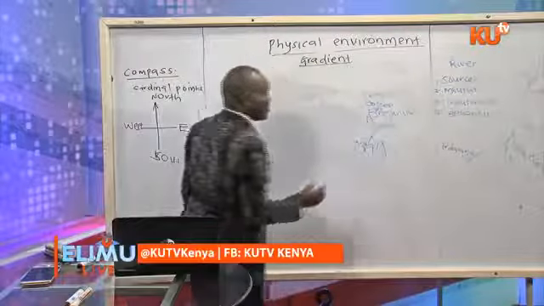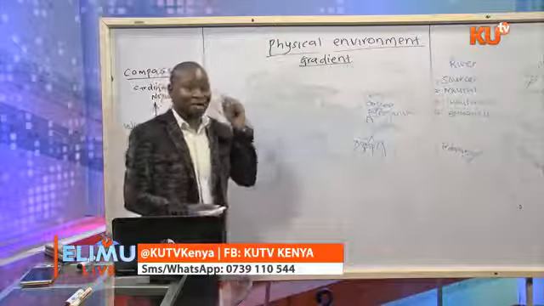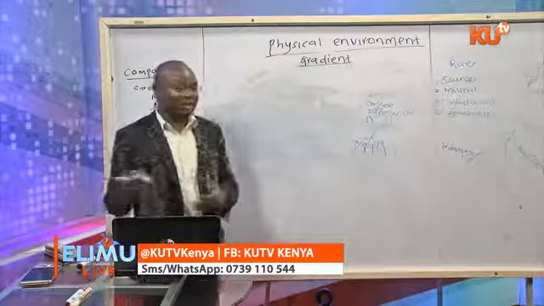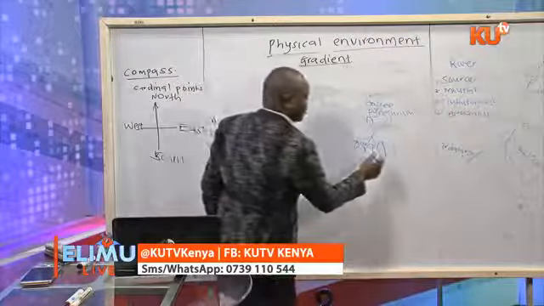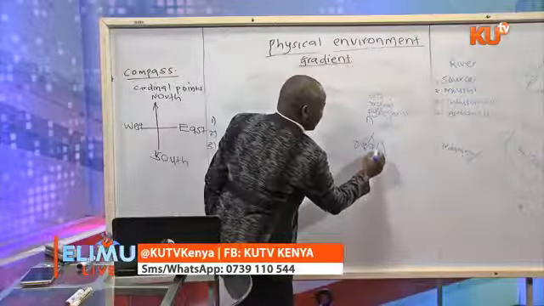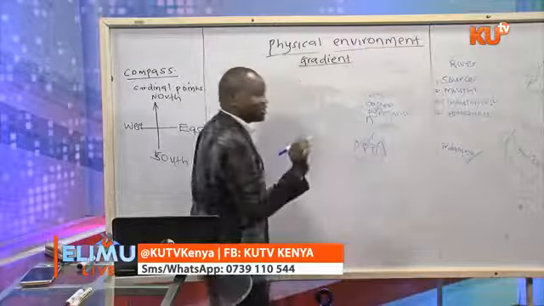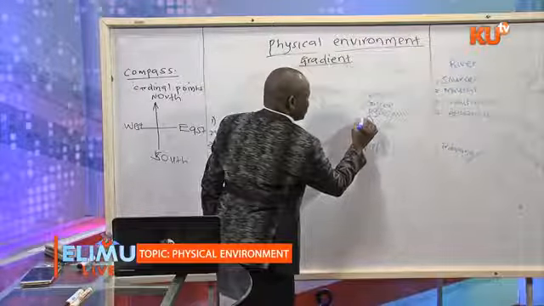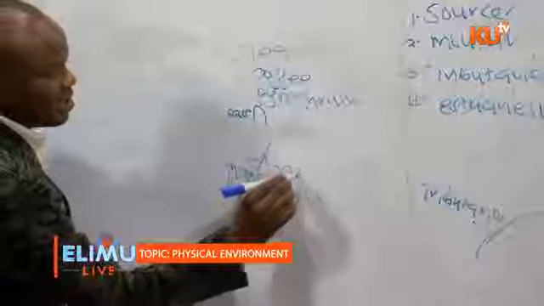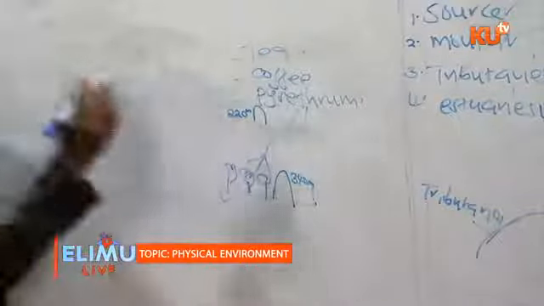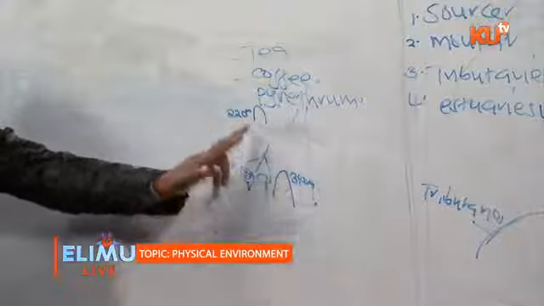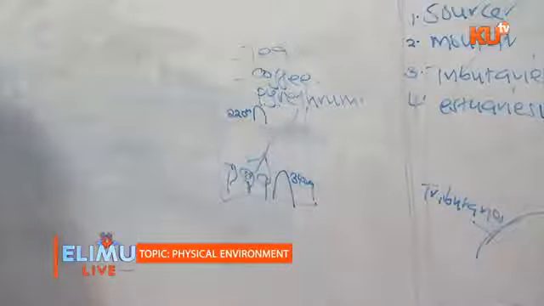A mountain can also be found on the lowland. For example, we have the Shimba Hills. It is found on the lowland part of Kenya. Now you check the mountain peak. For example, this one can be 220 meters, and this one can be 340 meters above sea level. Checking the mountain peak will tell you which direction is the lowest and which direction is the highest.